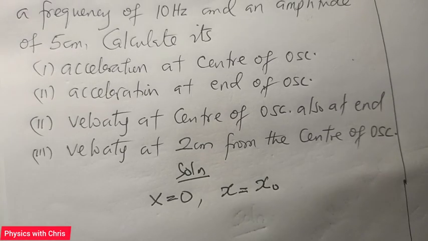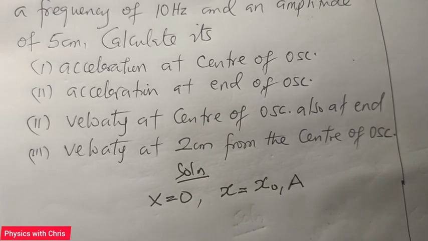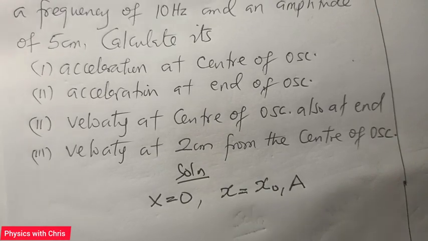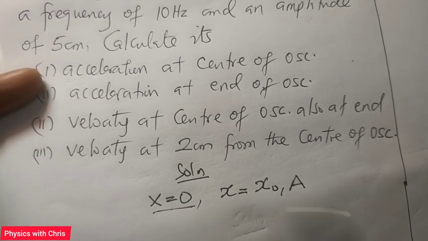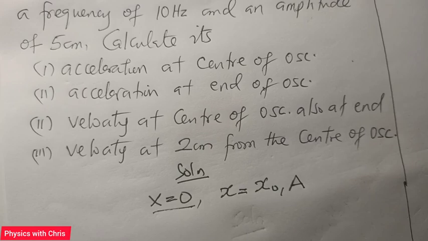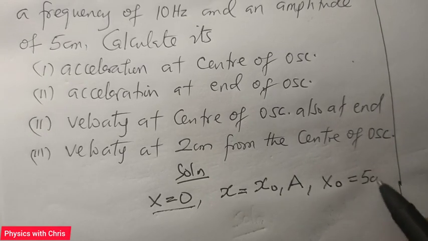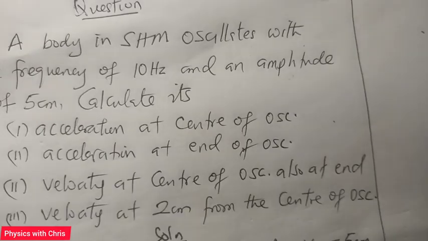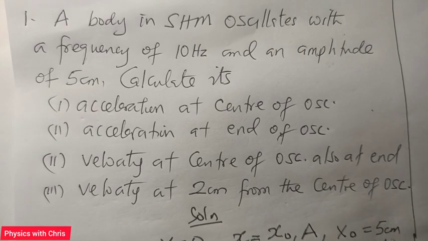Usually I use x naught for amplitude, or I can use uppercase A. The center is also called the mean position or the equilibrium position of the body. Here we're given the amplitude as 5 cm and the frequency as 10 Hz.